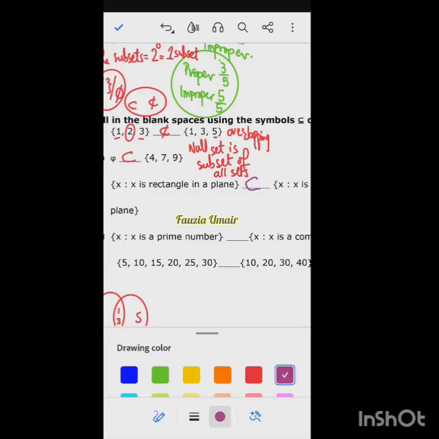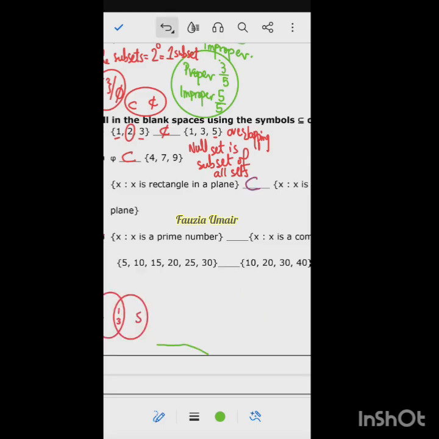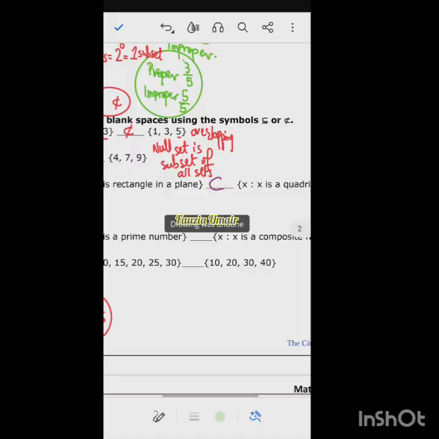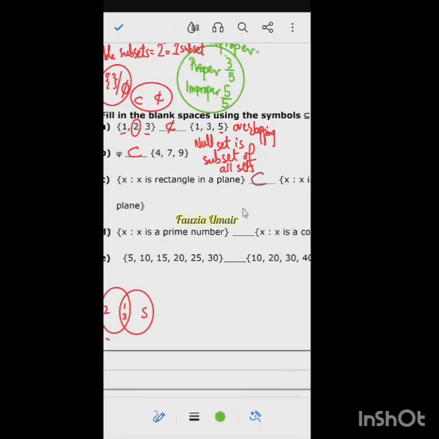Next question is X such that X is a prime number, and the second set is X such that X is a composite number. So now what? Ma'am, it is not a subset. Why not a subset?